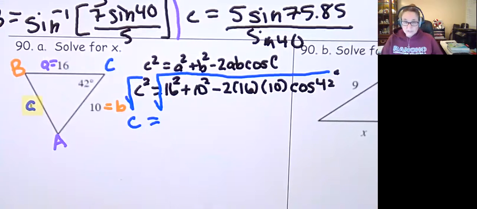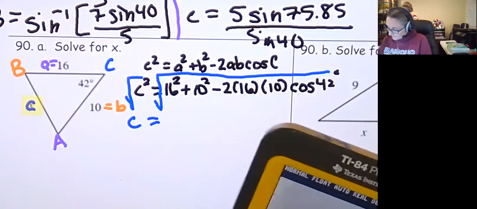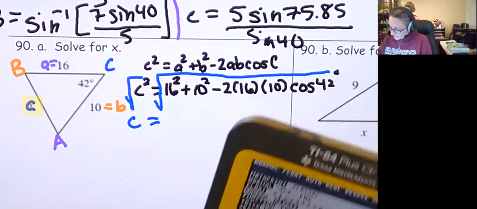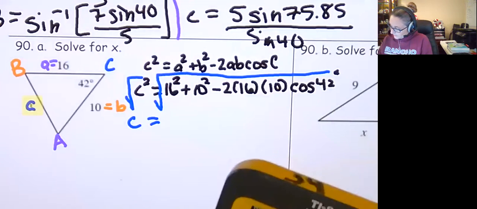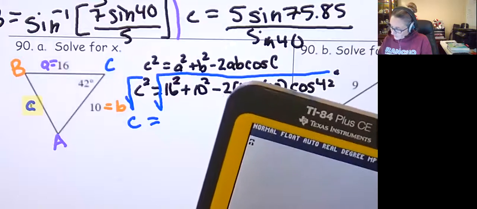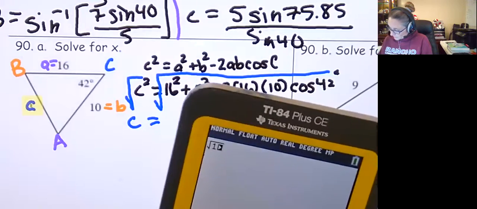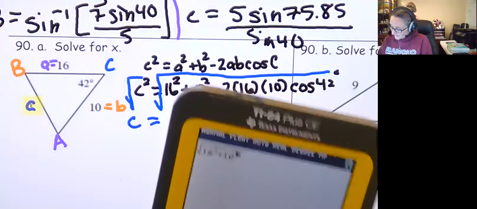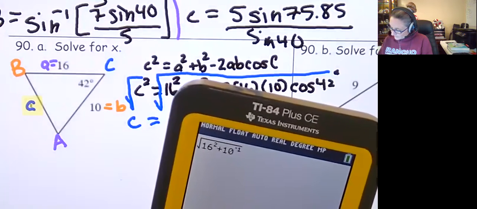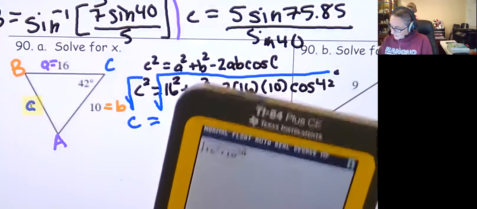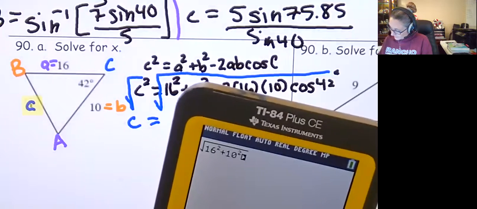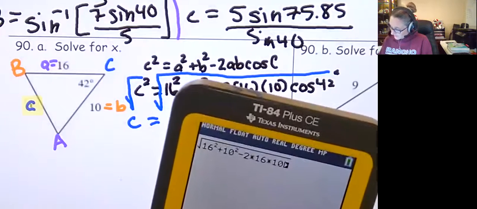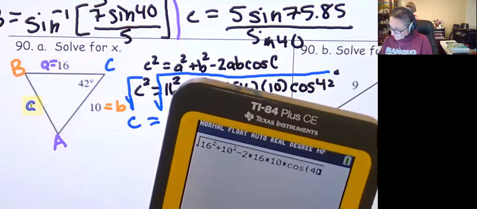And so when I put that into my calculator, second square root, and then I'm going to do 16 squared plus 10 squared minus 2 times 16 times 10 times cosine of 42.